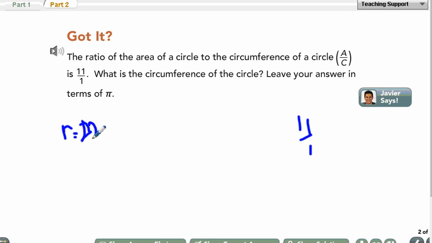If we know the radius is 22, then what do I know about my circumference? The circumference is 2 times r, or I could say that it's d, right? Because 2r is a d. So what is this 2r? It's going to be 44.